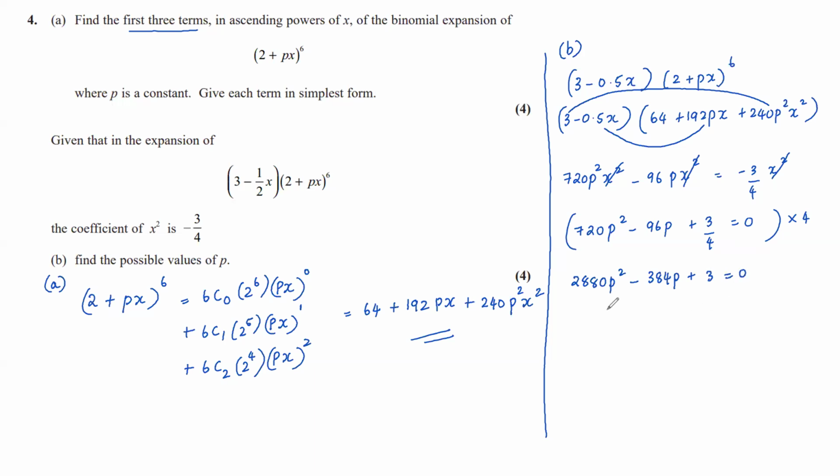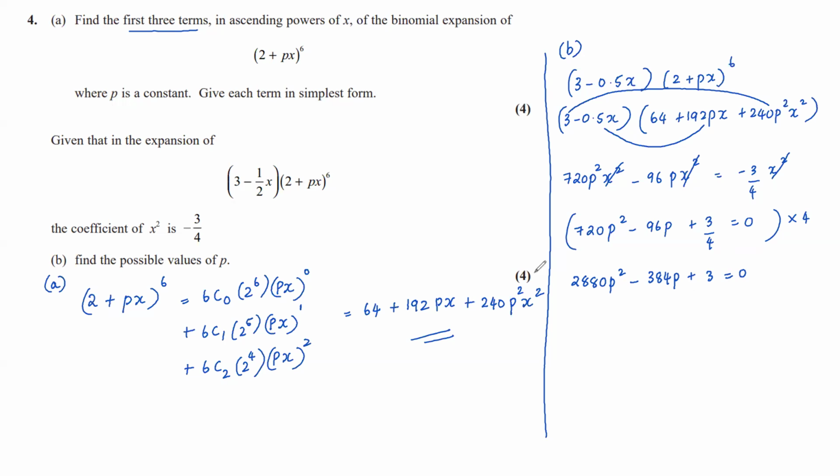Now we can use the factorizing method, completing the square method, any method to solve this and get the value for p. I think this will be better by the formula method. So I'm just going to put this in the calculator and get the answer for the quadratic equation. So the A value is 2880, the B value is minus 384, and the C value is 3.